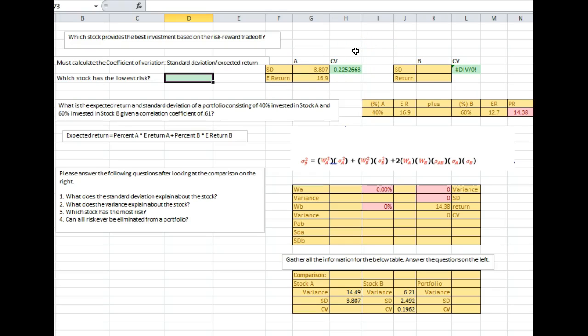We're going to see what happens when I buy 40% of stock A and 60% of the portfolio is stock B. This is the information: the expected return for A and the expected return for B. Now, what would be the expected return for the portfolio?